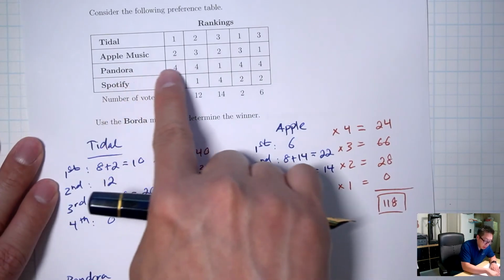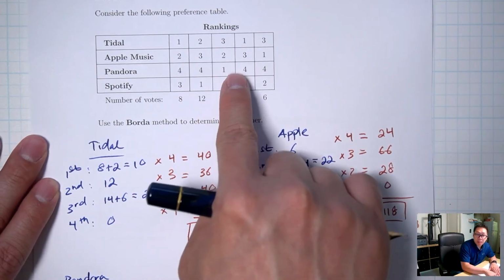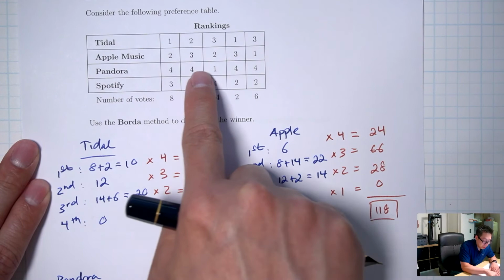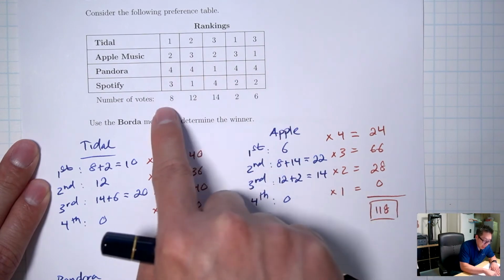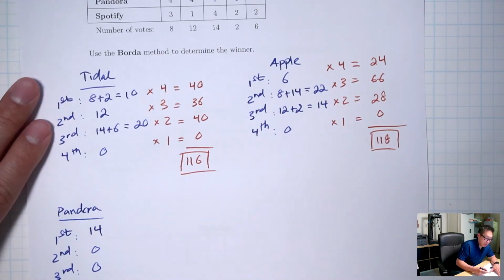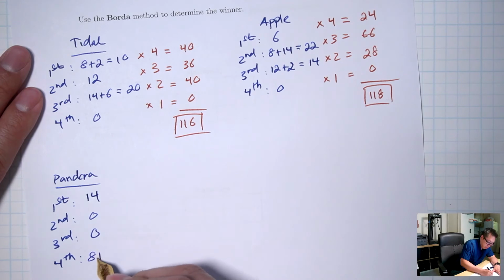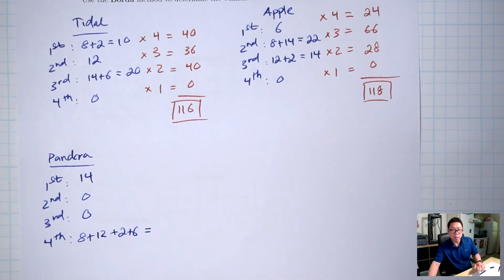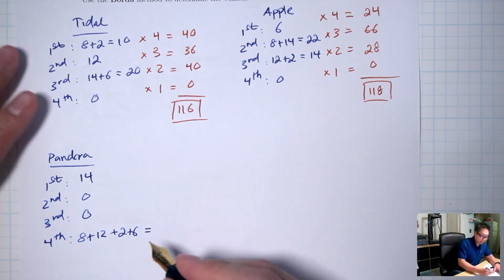Third place, Pandora, I don't see any 3s, so that's none also. Fourth place, there's a bunch of 4s, so that's going to be 8 plus 12 plus 2 plus 6. Okay, what's 8 plus 12 plus 2 plus 6? 28.